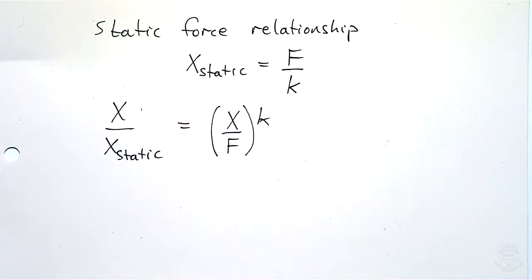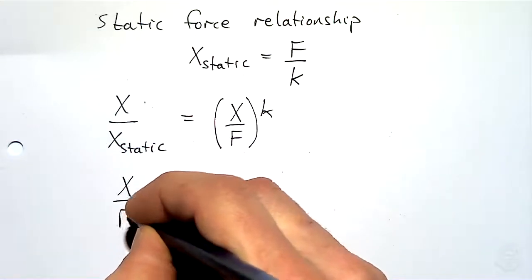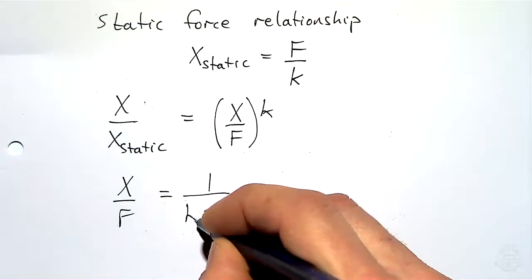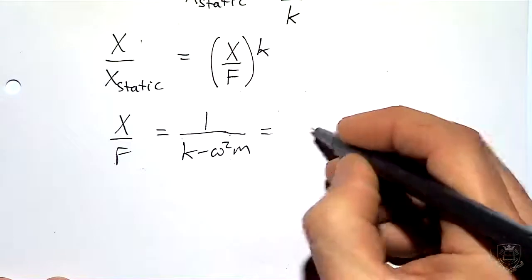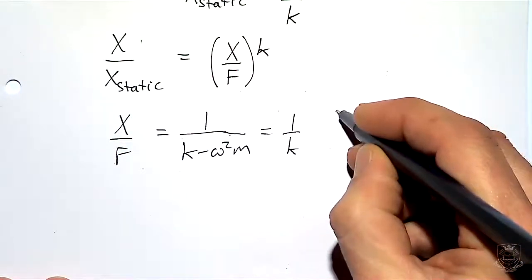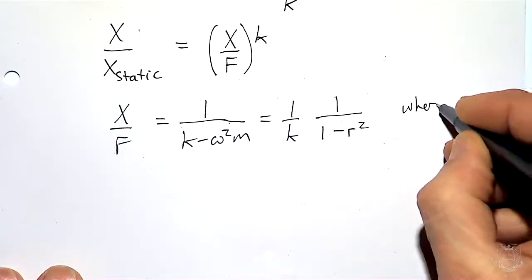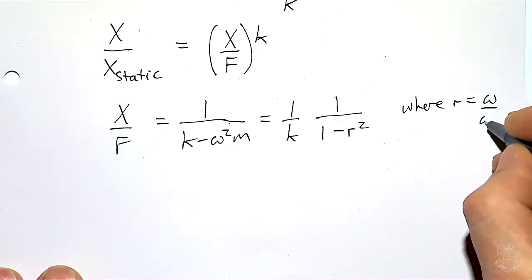We also want to note that our expression x over F, which at the moment is 1 over k minus omega squared m, can be written as 1 over k times 1 over 1 minus r squared, where r equals the forcing frequency omega over the natural frequency omega n.